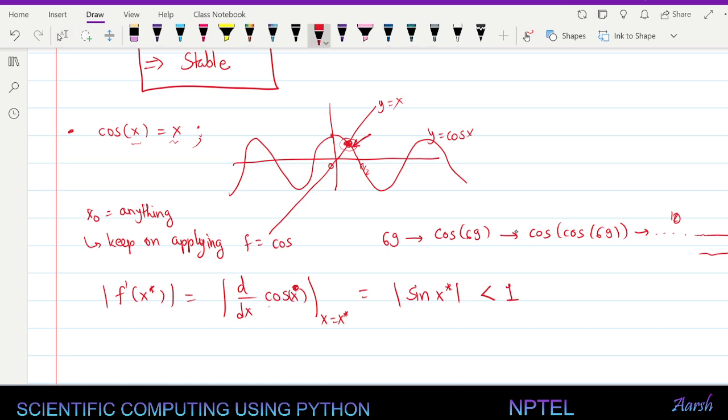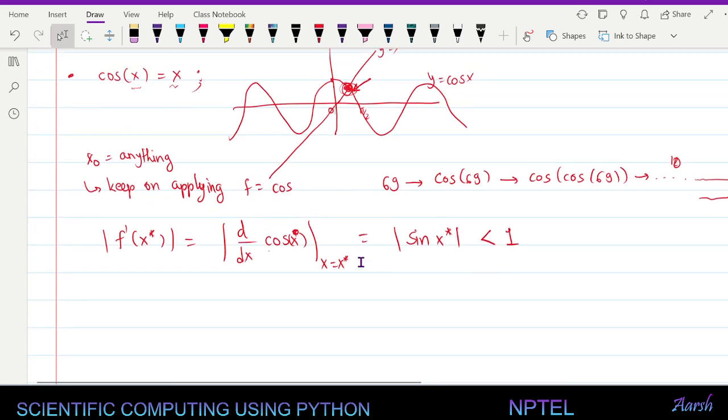So even though I don't know the number exactly, I know that it is stable, and there is only one stable fixed point, so I'm going to reach there, right?